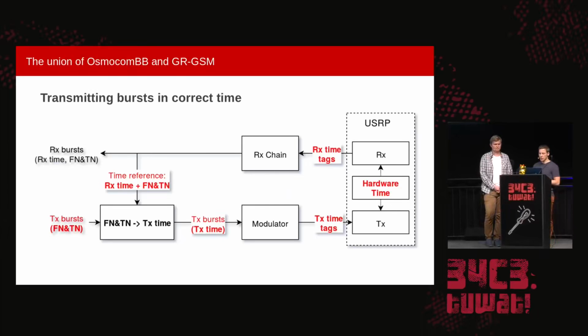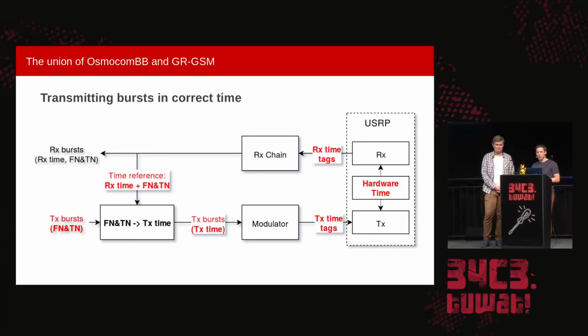It allows for transmitting at precisely defined moments, and the received signal is also tagged with the current time. So you have time attached to a sample, and the receiver, based on this metadata, can track current time. If it receives a signal coming from the base station, it can synchronize with this signal and associate reception time to frame and time slot number.